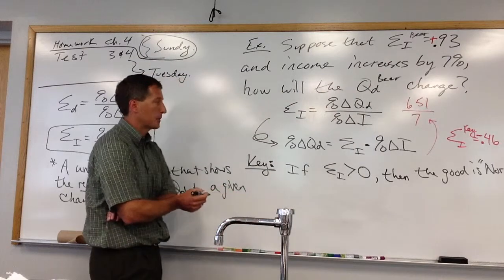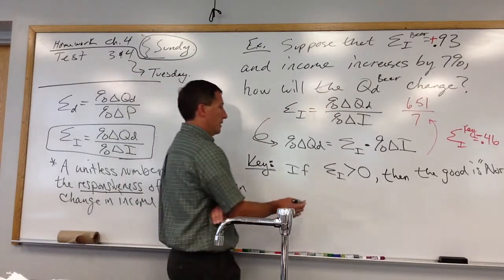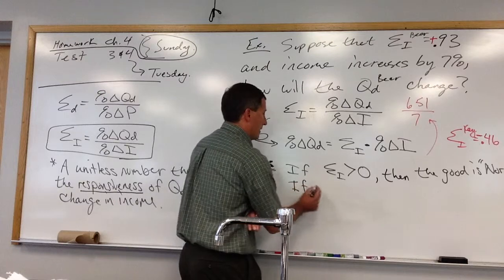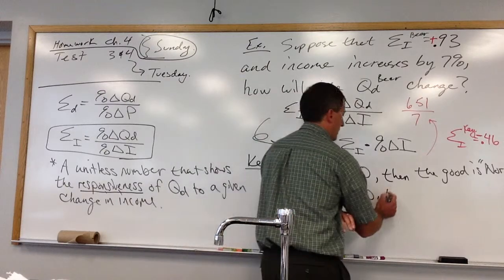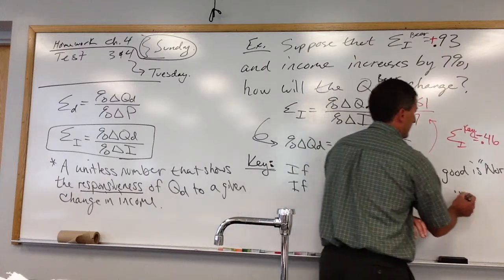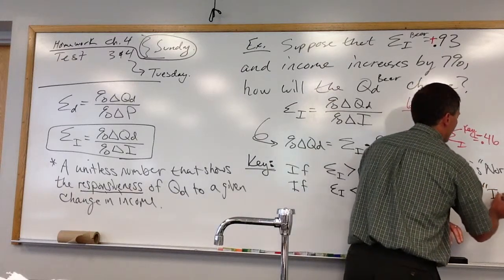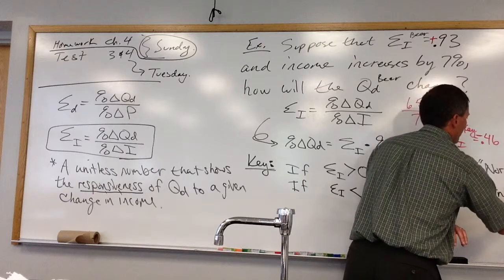Tying it back to chapter 3. If the income elasticity is less than 0, then the good is an inferior good.